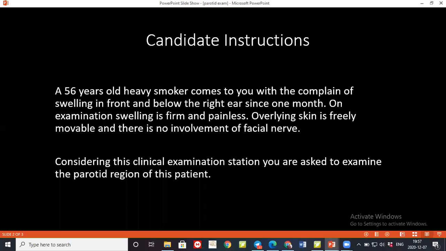So how would you have known if there was facial nerve involvement? If the facial nerve is involved, it could be mucoepidermoid carcinoma, a malignant neoplasm. Yes. But how would it have appeared on examination, just on inspection?